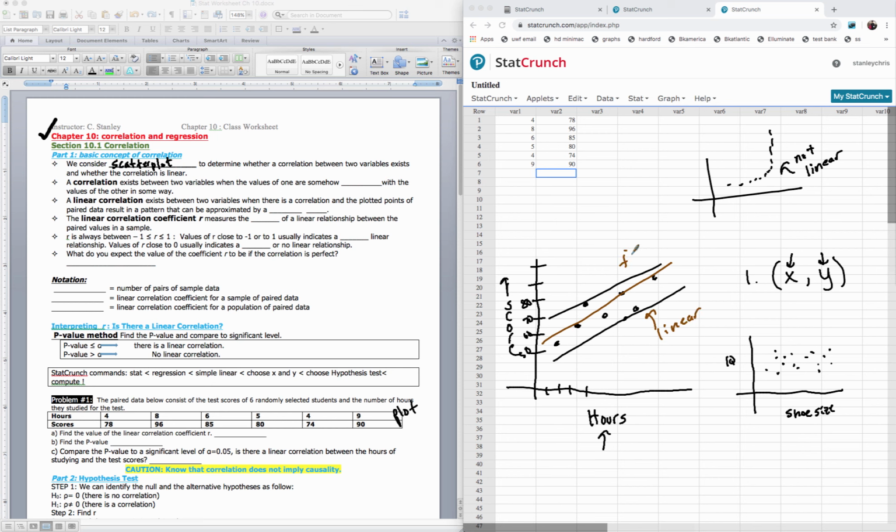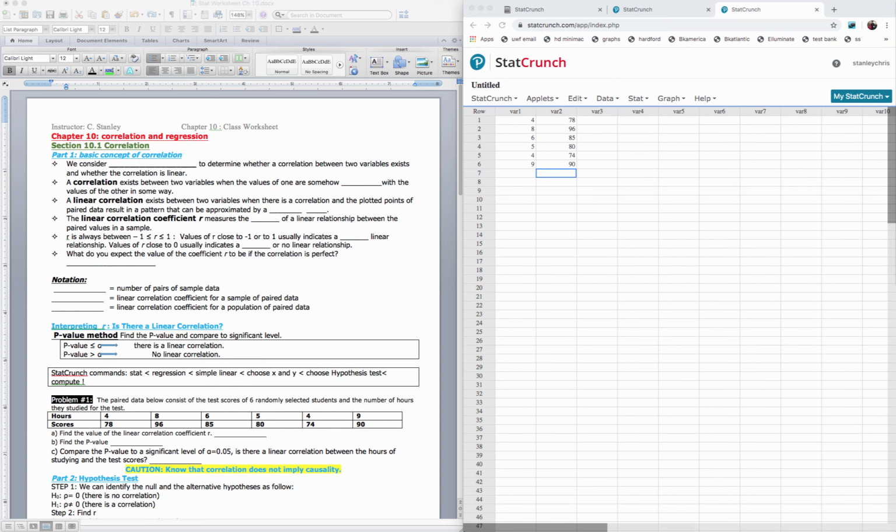We also call this a positive or a negative association. Negative means that as the x's are getting bigger, the y's are actually falling. So that's a negative association. That's what chapter 10 is basically about, these associations.